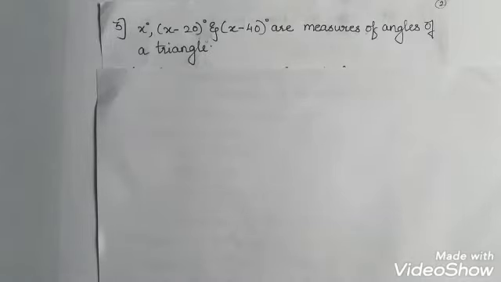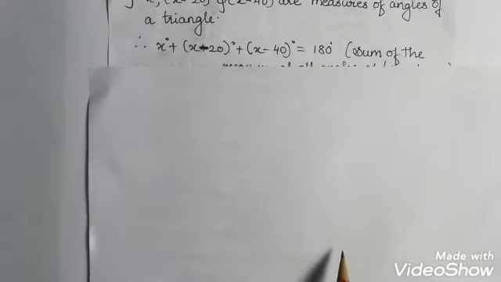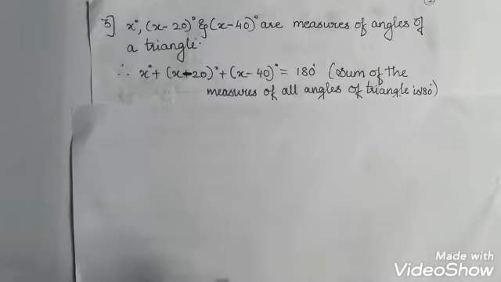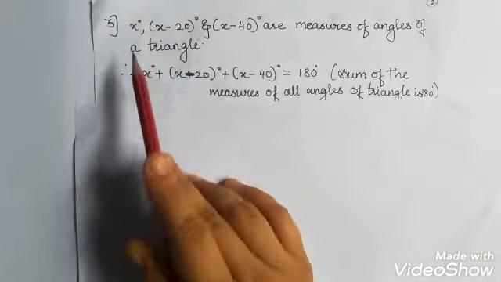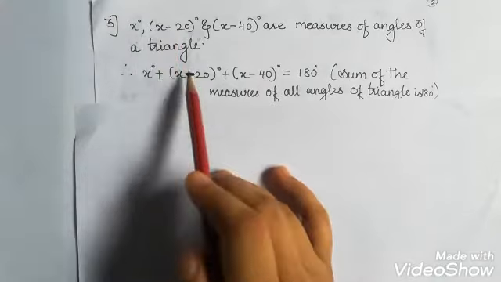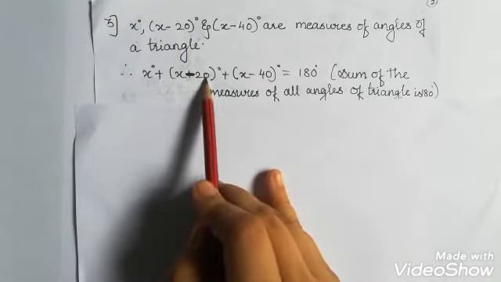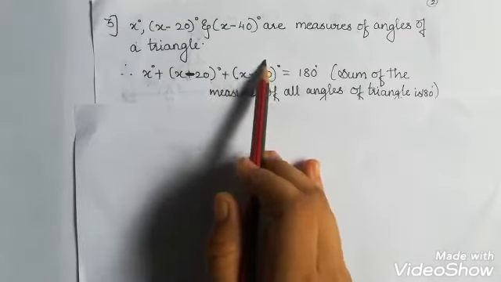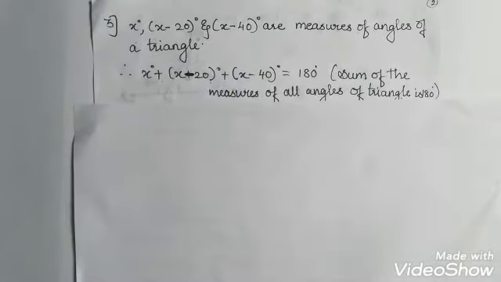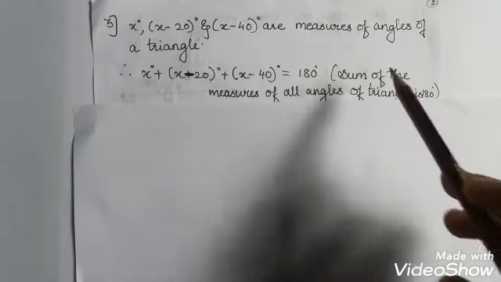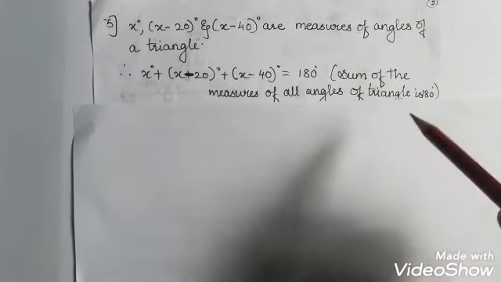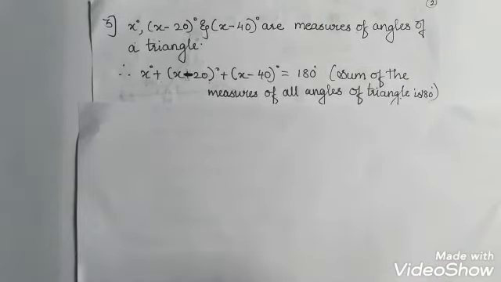Okay, the same property which we used in the second sum, that is the sum of measures of all angles of a triangle is 180 degrees. So now we will use the property and add the given three angles. x degrees plus x minus 20 degrees plus x minus 40 degrees is equal to 180 degrees. I write the reason: sum of the measures of all angles of a triangle is 180 degrees.